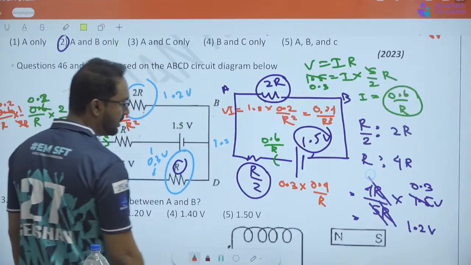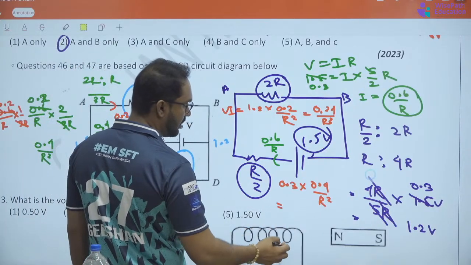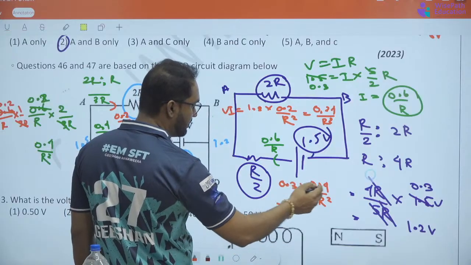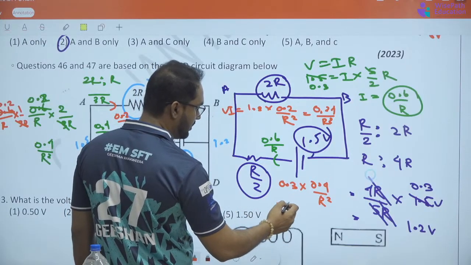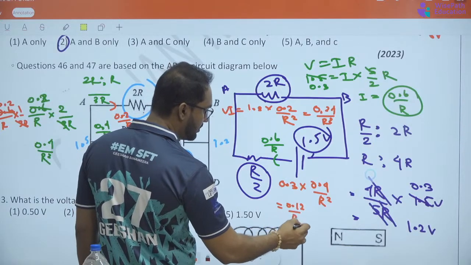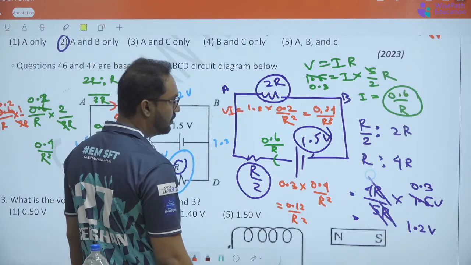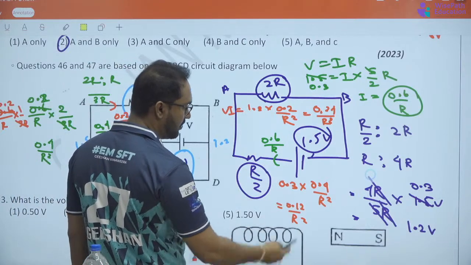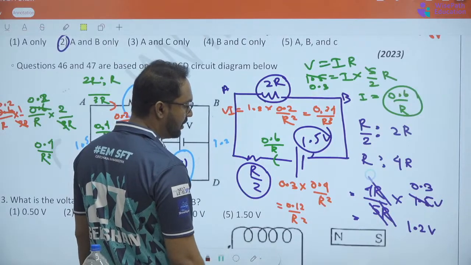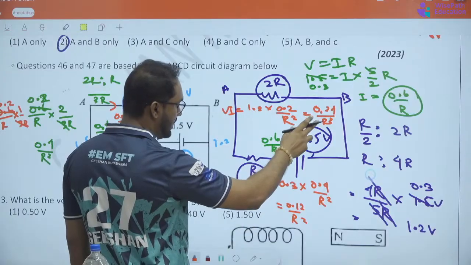That will be 0.3 times 0.4, which is 0.12 over R square. So the power of this is 0.24 over R square. Power of this is 0.12 over R square. So the power of this is twice this one.